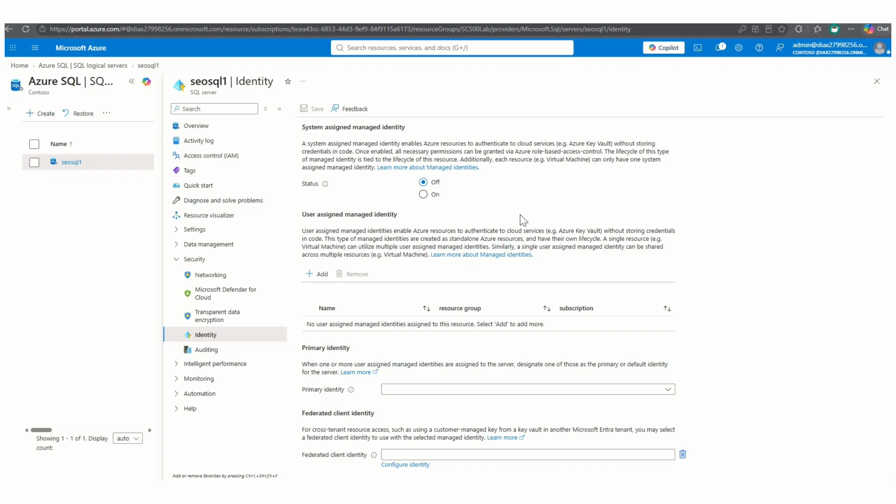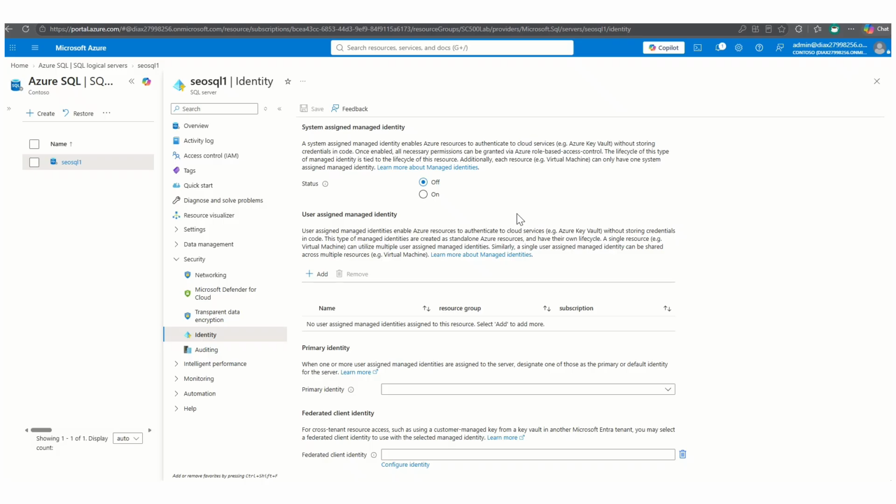we're going to talk about this concept of system assigned managed identity and user assigned managed identity. These are two very important concepts for the exam. Okay, a system assigned managed identity enables Azure resources to authenticate to cloud services, for example, Azure Key Vault, without storing credentials in code.